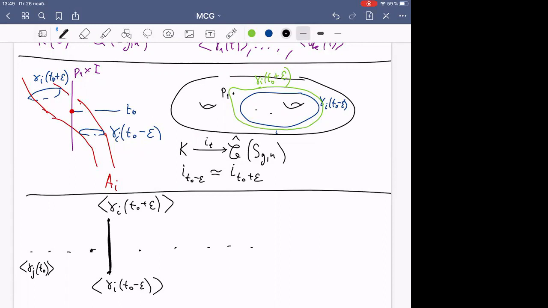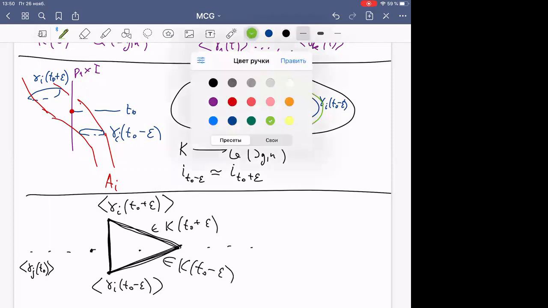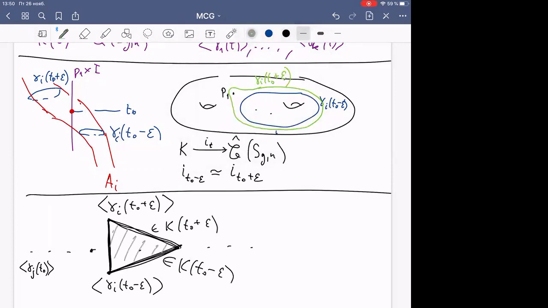And in all other simplices, whenever a simplex is present in K of t0 plus epsilon, then the corresponding simplex is present at t0 minus epsilon, and this simplex of one higher dimension is also a simplex of C hat, since all these curves are disjoint.